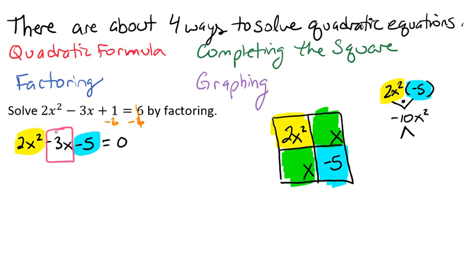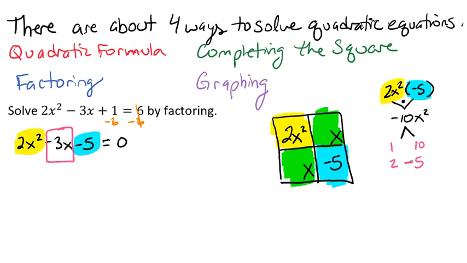So we could go, okay, let's see, a 1 and a 10, that won't work. A 2 and a 5 will work though, but because I need a negative 10, that means that one of those numbers has to be negative. So because it's going to be a negative 3, that means that the 5 needs to be negative.